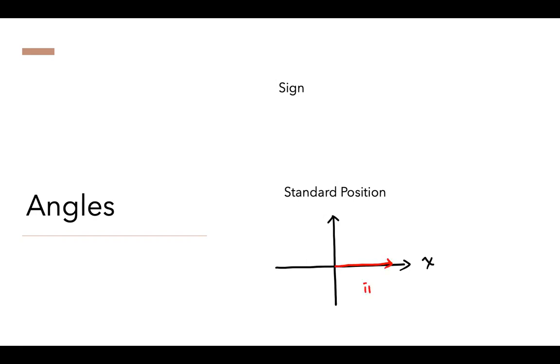This is called the initial arm. And then this is called the terminal arm. Angles are always represented from the initial arm to where the terminal arm is. That is a standard position.